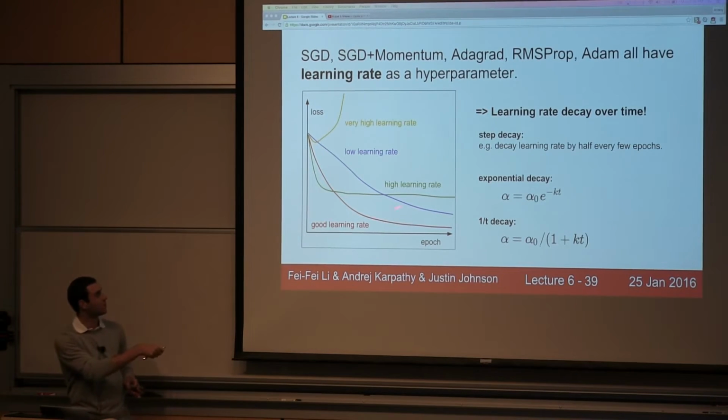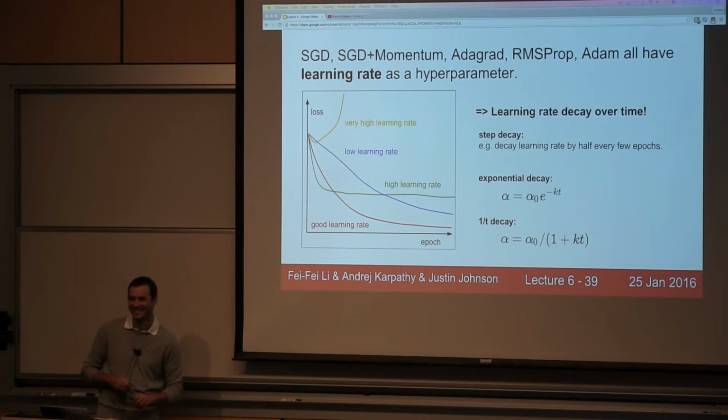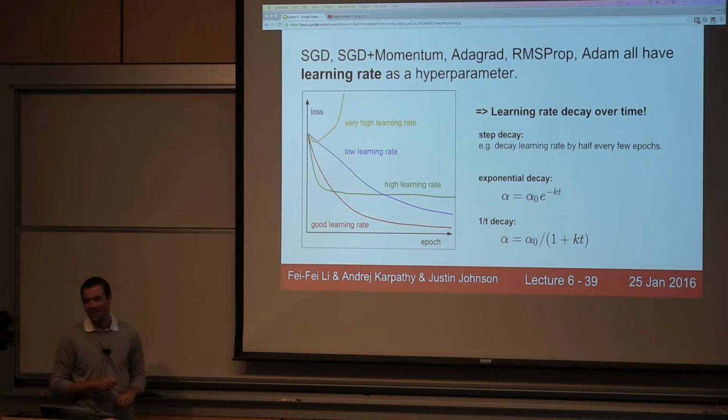So would you also use learning rate decay if you're using Adagrad? Usually you see learning rate decay very commonly when you do SGD or SGD momentum. I'm actually not sure if you'd use it with Adagrad or Adam. I've used learning rate decay with Adam before. It tends to help a little bit, but it kind of breaks some of the theory. But it does help sometimes. So not a very good answer there.